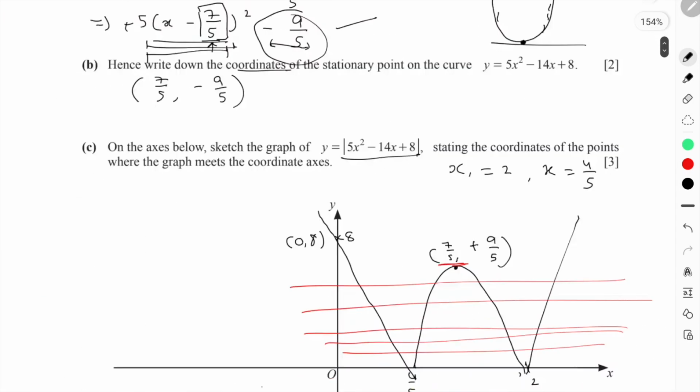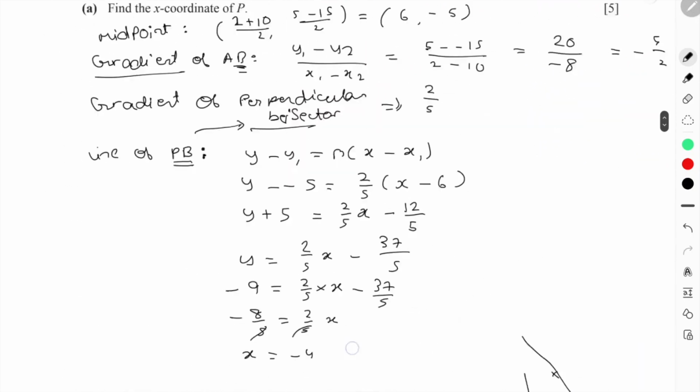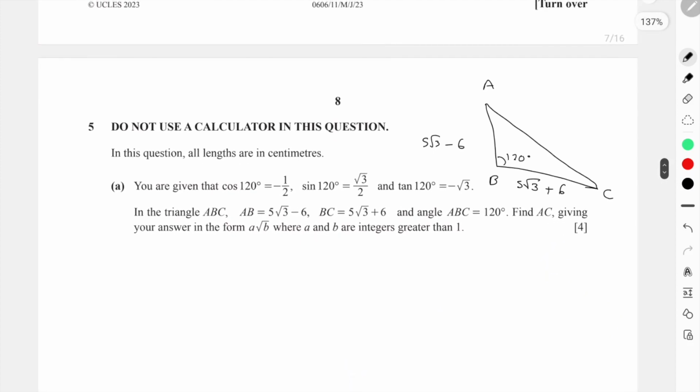It's this. Cosine rule. a squared equals b squared plus c squared minus 2bc cos A.